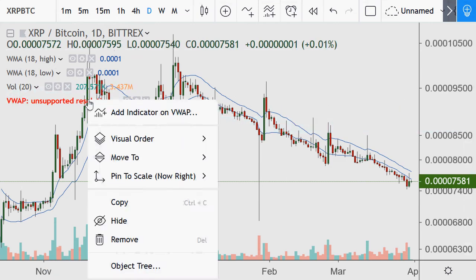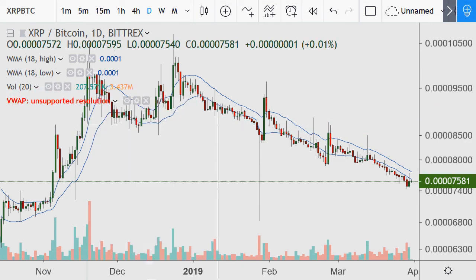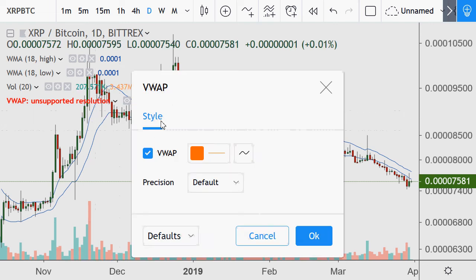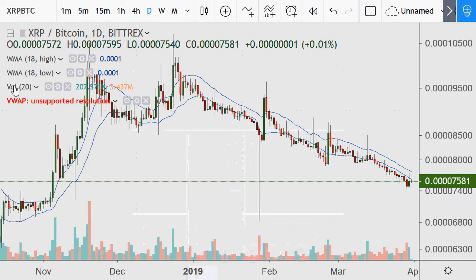So, unsupported resolution, settings. Okay, style, precision, default. What happens if I push? Still says unsupported.